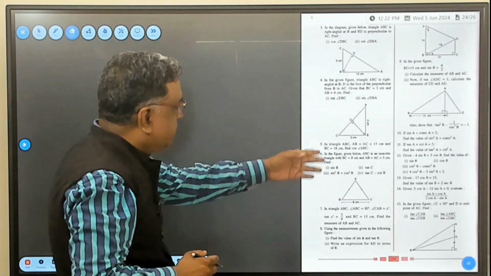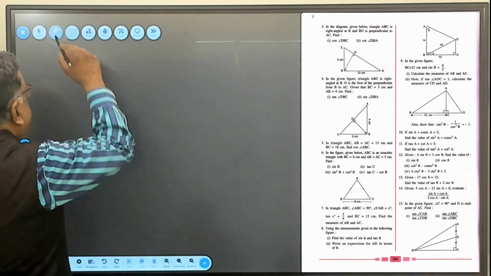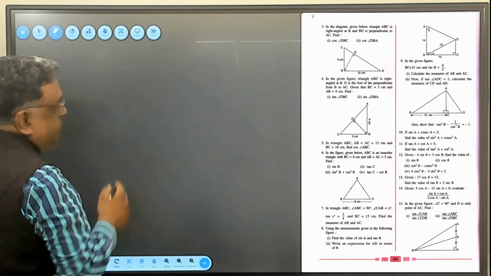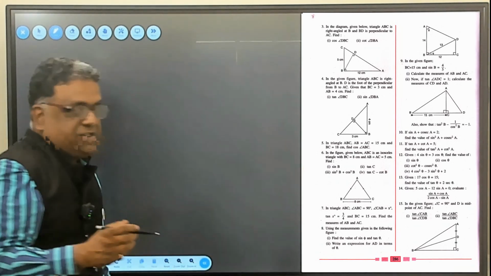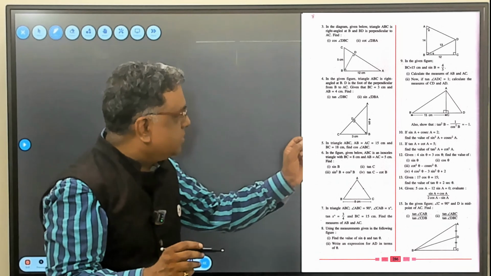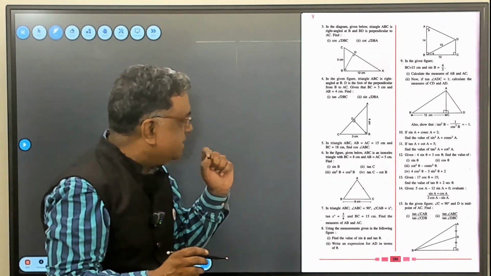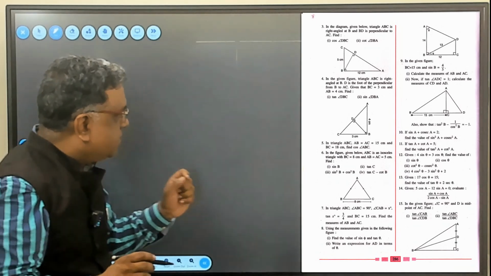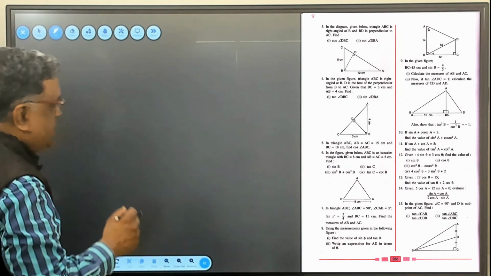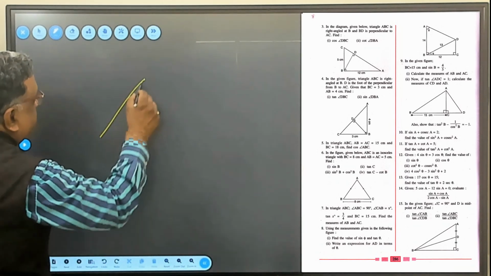Let us try to do the fifth one. In triangle ABC, in this sum we have not been given the figure. In triangle ABC, AB equals AC equals 15 centimeters and BC is 18 centimeters. Find cos of ABC. So I have been given triangle ABC.